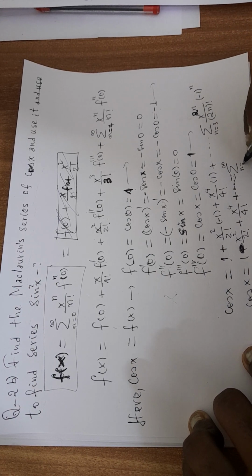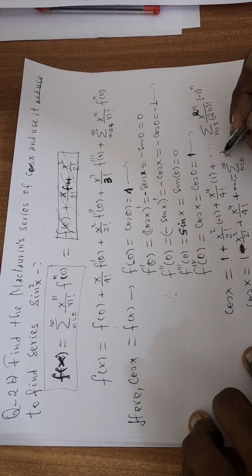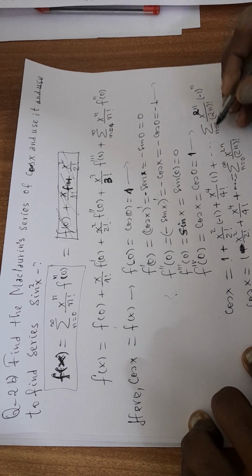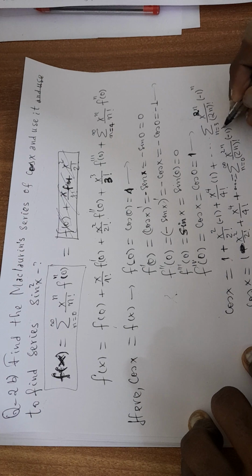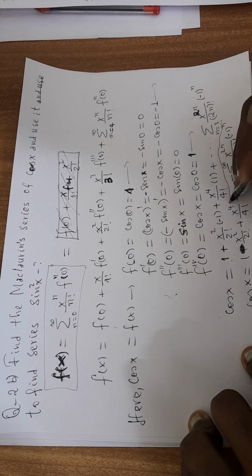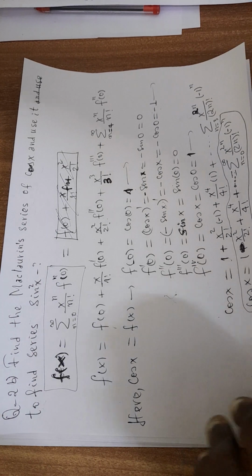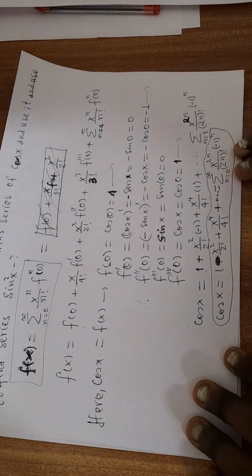In general, this will be the sum from n equals 0 of x to the power 2n upon 2n factorial times minus 1 to the power n. This is cosine.